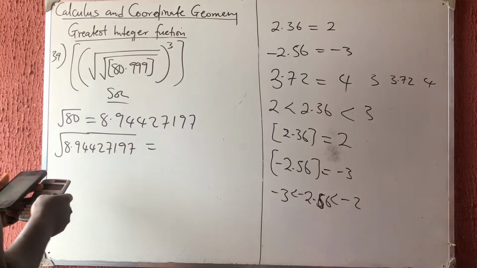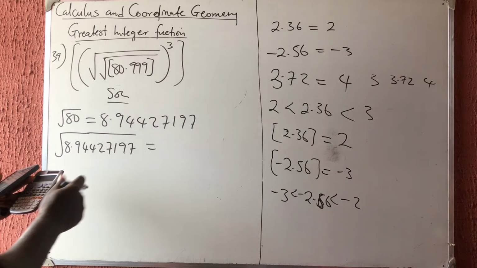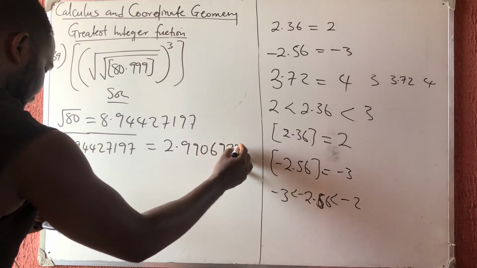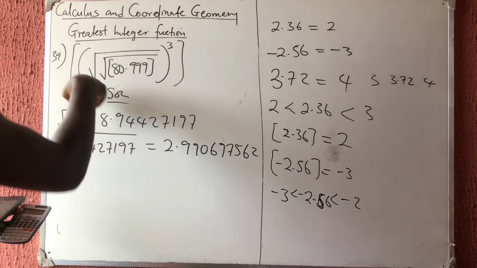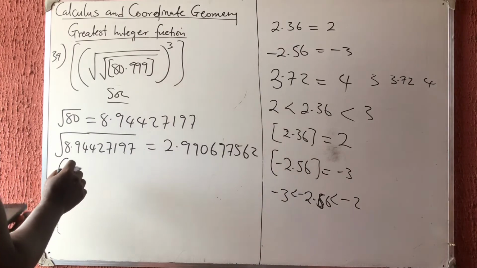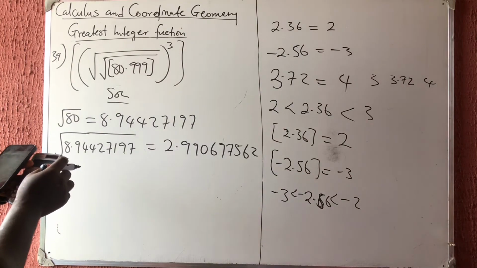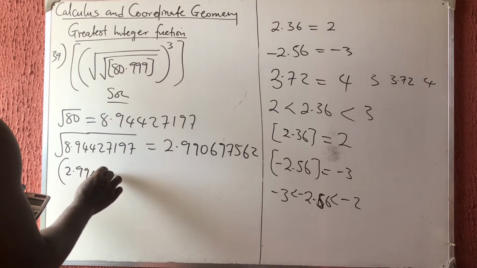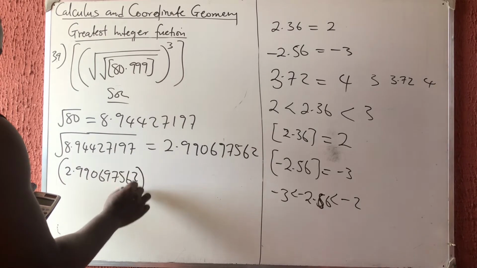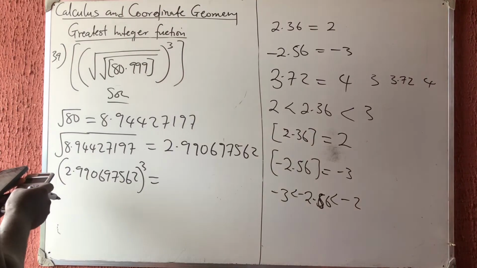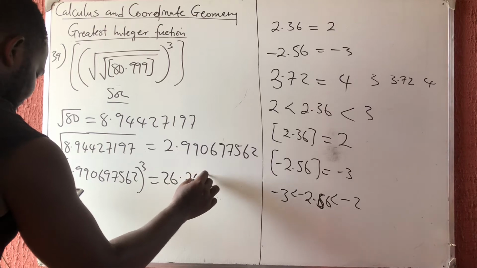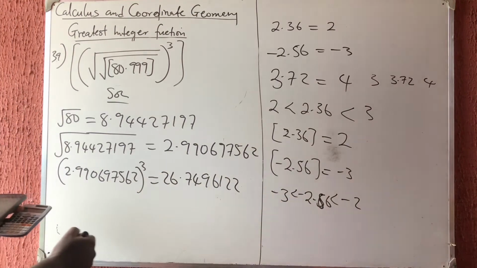Okay, so the square root of that, my answer, is giving me 2.990697562. Now the next thing is to cube it. So we need the cube of 2.990697562, which will give us 26.74962122.